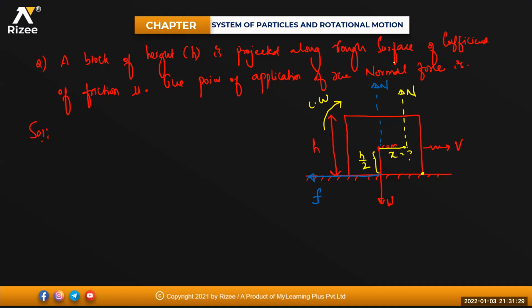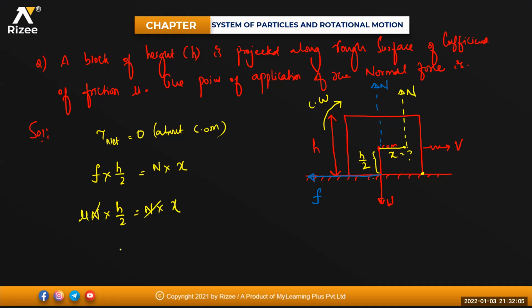A block of height h has been projected along the rough surface of coefficient of friction mu. The point of application of the normal force is the point at which the body is ready to topple. As the body is not rotating, the net torque about the center of mass must be equal to 0. So the frictional force into the perpendicular distance must be equal to normal into x. Friction is mu into N into h by 2, which equals N into x.